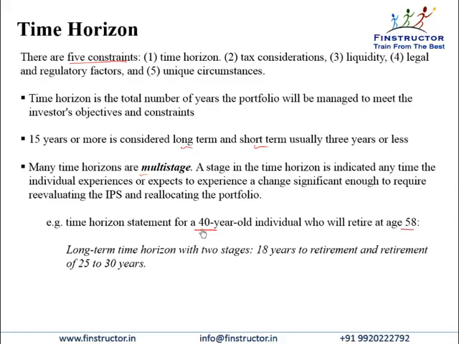One from 40 to 58, that is 18 years until his retirement, and then 58 to 90 or 58 to 95, whatever is the period from retirement to his death. So we will write the answer in the exam as long-term time horizon with 2 stages, 18 years to retirement and retirement of 25 to 30 years.